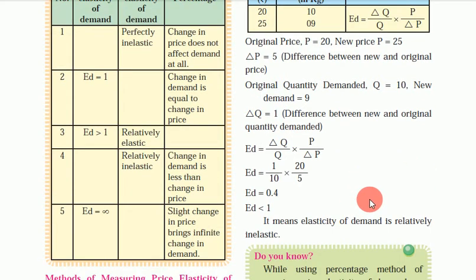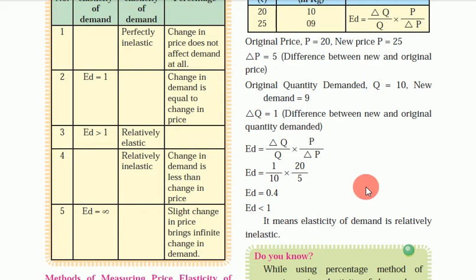When we get an answer less than 1, such as 0.9845, that means elasticity of demand is less than 1. If elasticity of demand is less than 1, then the demand is relatively inelastic. You have to note this important point in your notebook; we will also see this in the next topic.